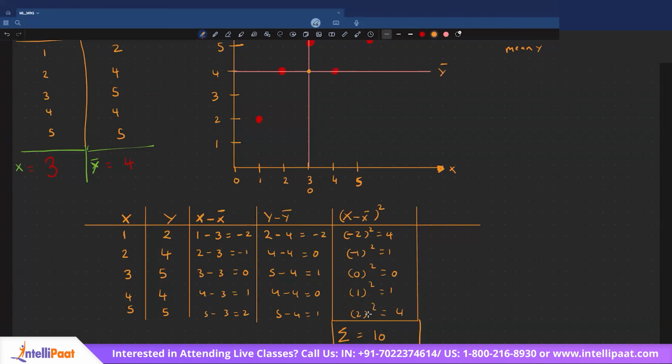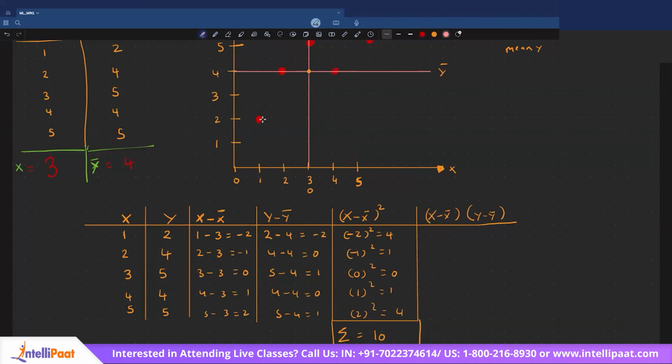The next thing you calculate is what we call x minus x bar into y minus y bar. Now listen to me carefully. Can I say that the distance from this data point to this data point is called x minus x bar?